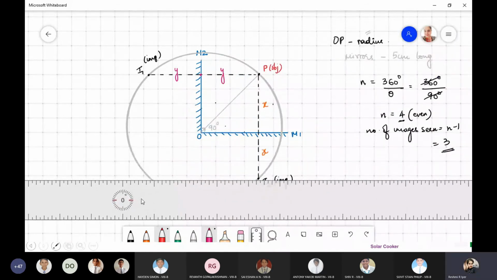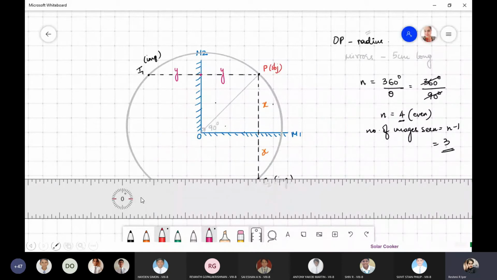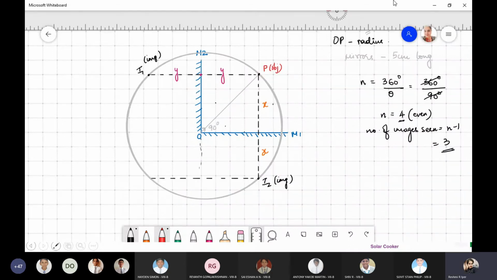It will be formed on the same horizontal plane as I2. So just draw a line here. It's formed by mirror 2, right? So assume that there is an extension to your mirror here. Then this mirror would have formed an image here, and we'll call this I4. Clear?